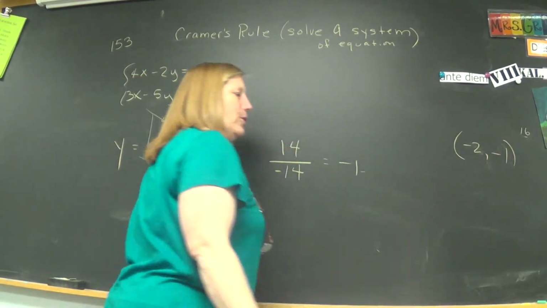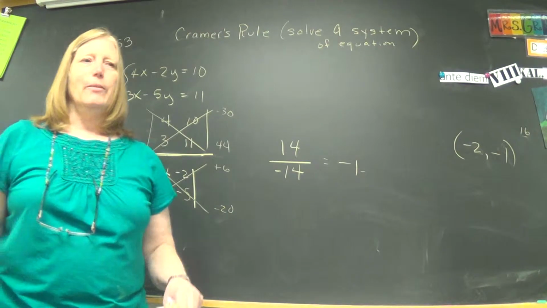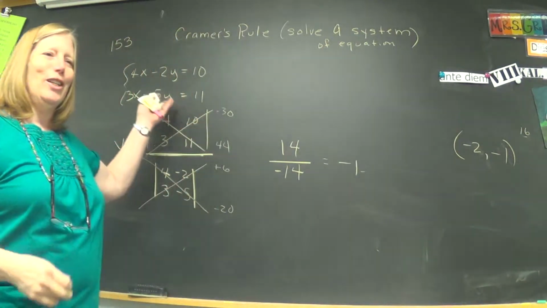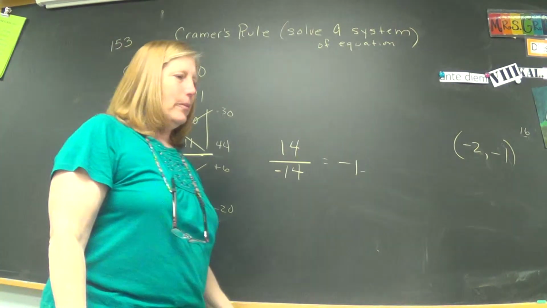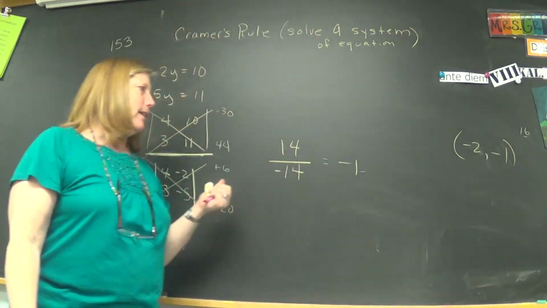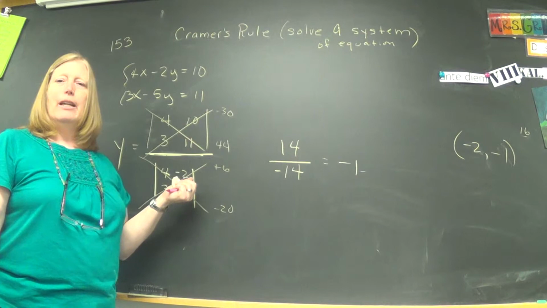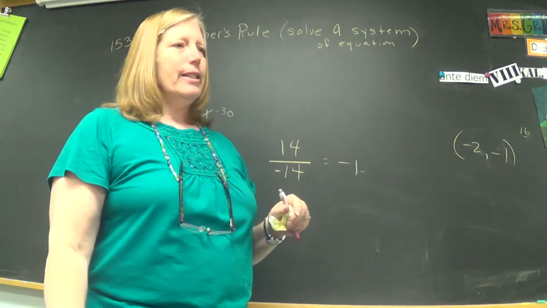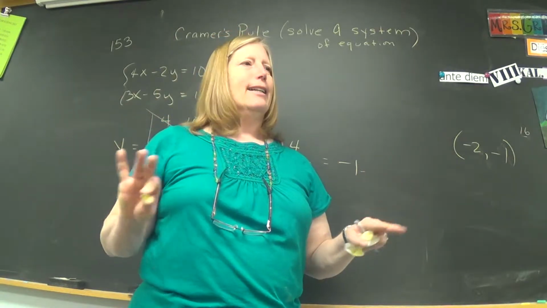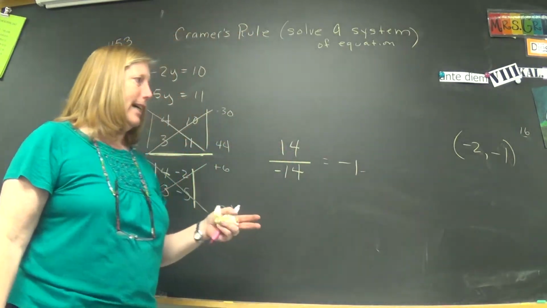All right, so why would you want to do it this weird way when you could just do substitution or elimination and get it pretty quickly? This is very, very computer applicable. When I learned this in 11th grade, it was a combined computer and college algebra class.